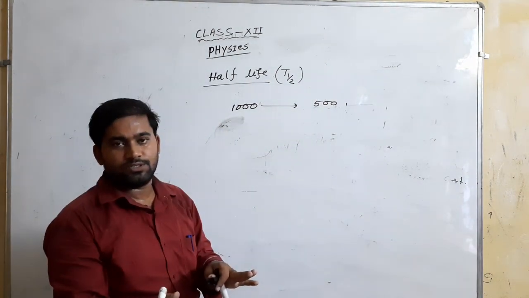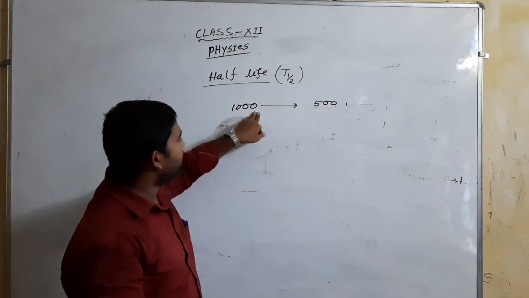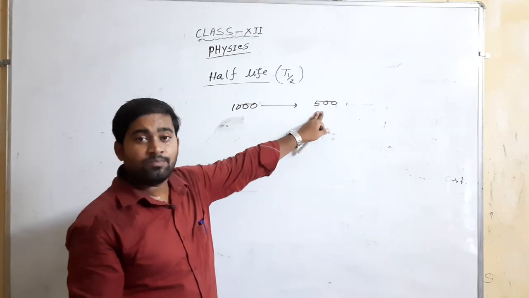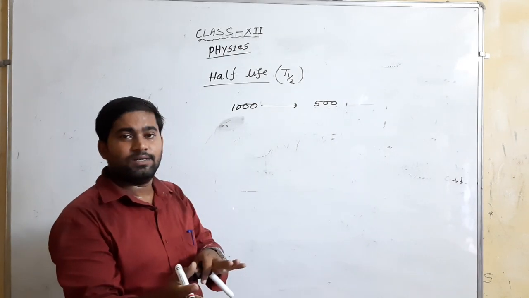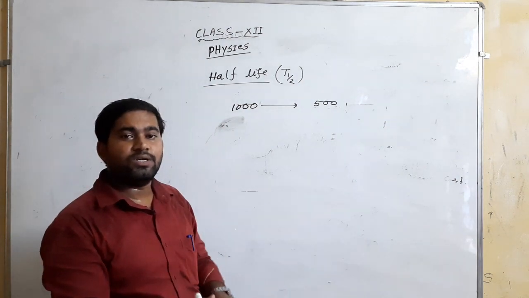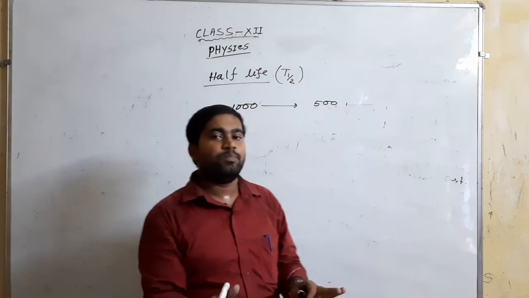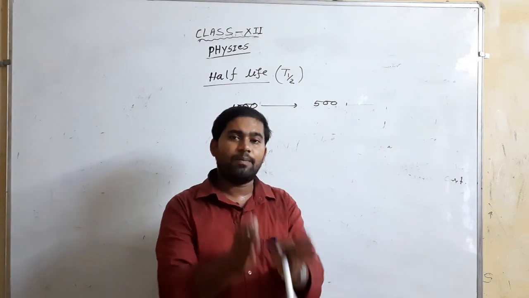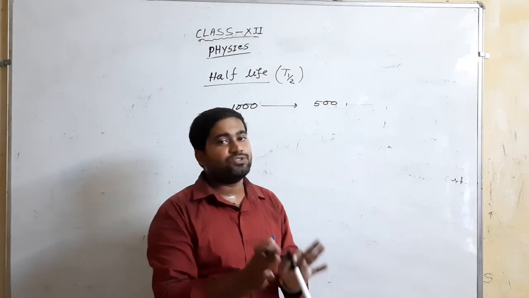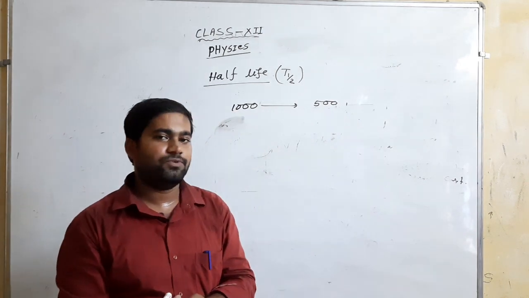The time at which the number of samples reduced from 1000 to 500, the time at which the number of samples reduced to half of its initial value, is known as half-life.